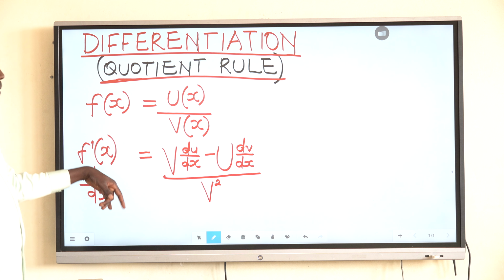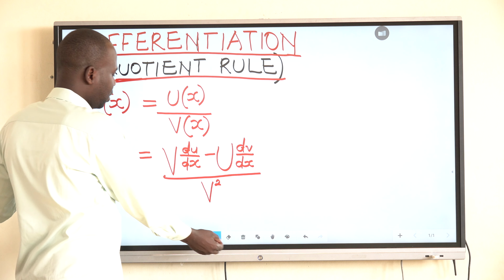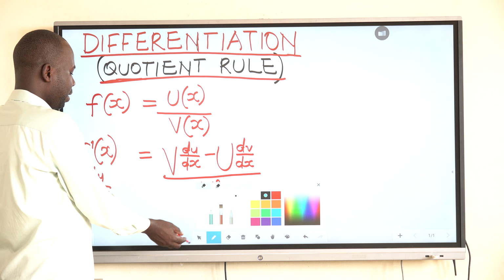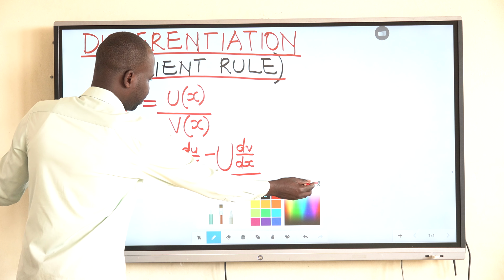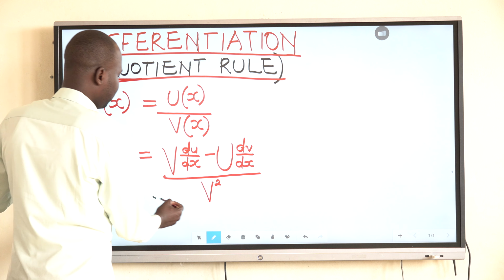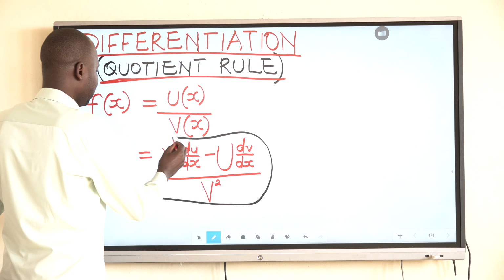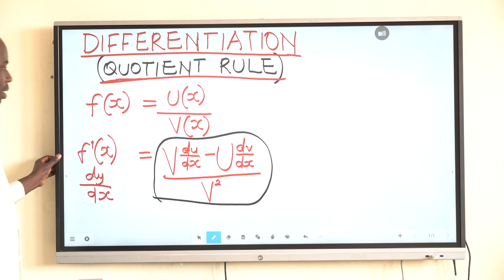So when you are given a question, this is the formula that we have to keep applying in most of the questions we shall be doing. So it is very good to take note of this formula.